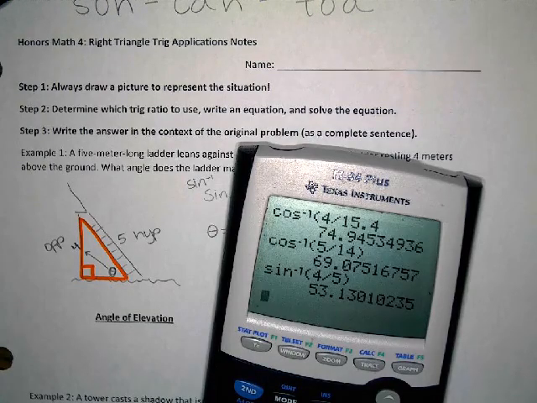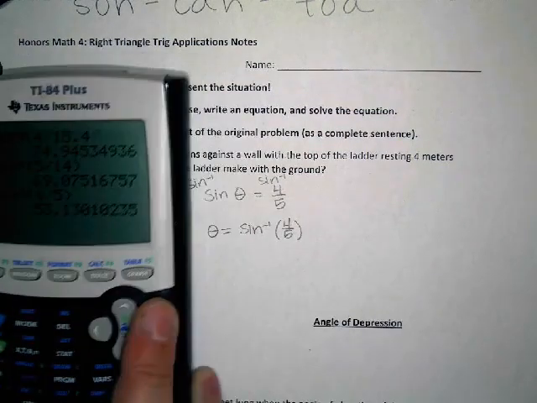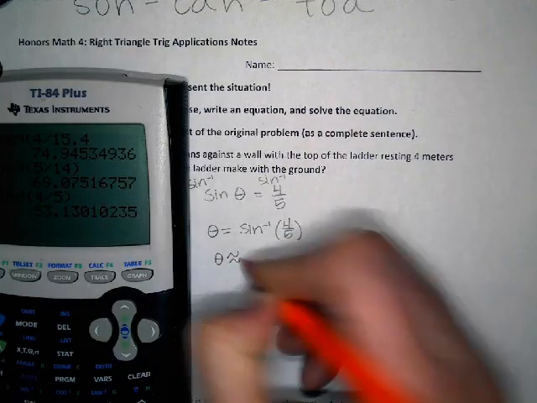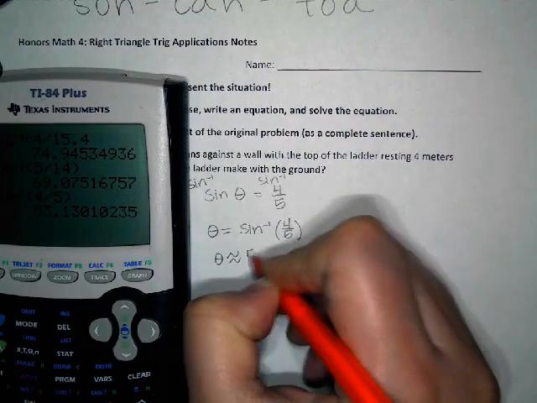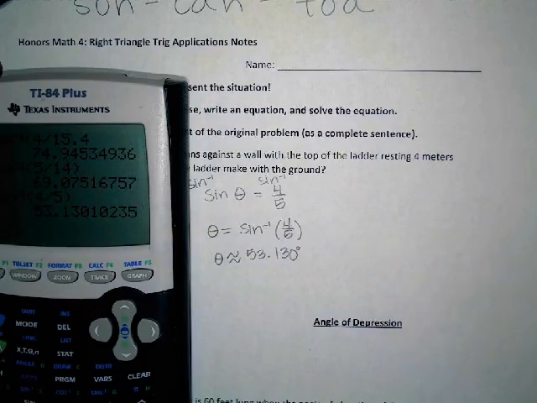The problem didn't say what to round to, so I'm going to do 3 decimals just because that's what I typically do. 53.130, and then I'm going to write the answer in a sentence.